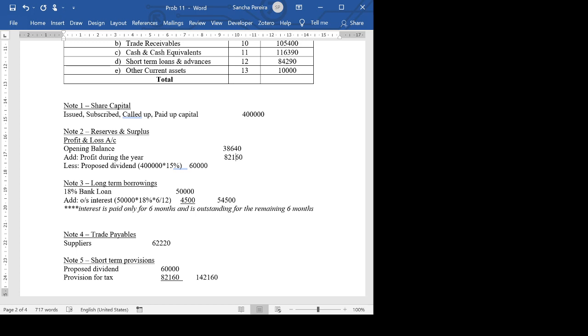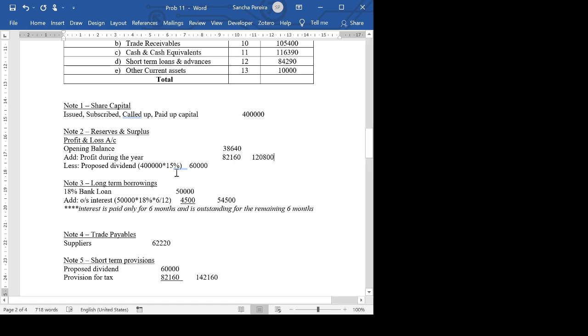So that will come to, we had a profit plus this profit, 38,640 plus 82,160 comes to 120,800.